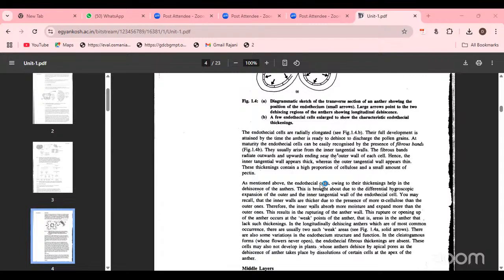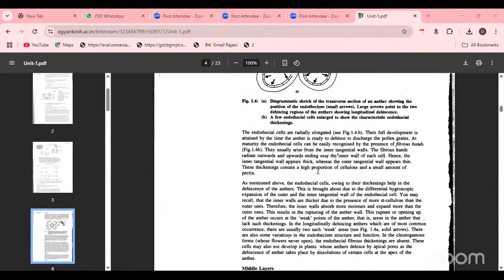The fibrous bands radiate outwards and upwards, ending near the outer wall of each cell. Hence the inner tangential wall appears thick, whereas the outer tangential wall appears thin. These thickenings contain a high proportion of cellulose, and a small amount of pectins is present.